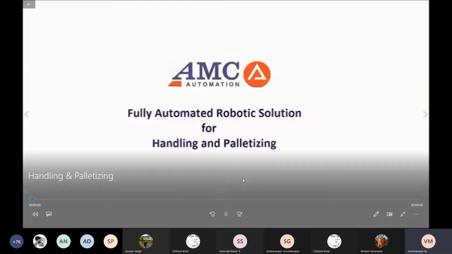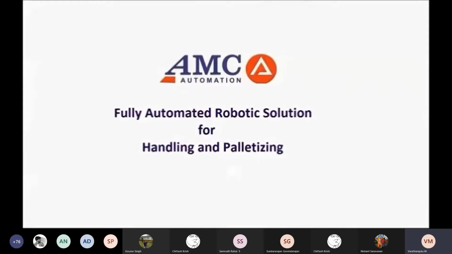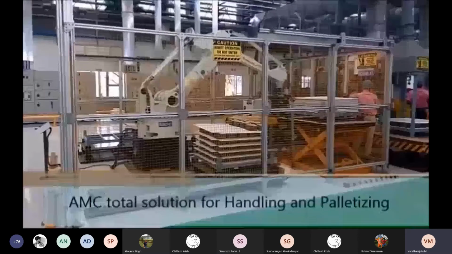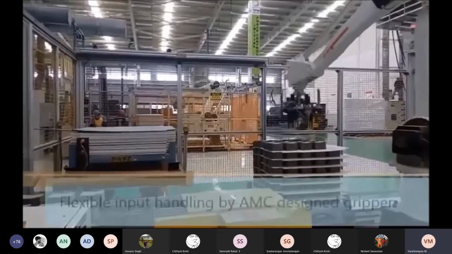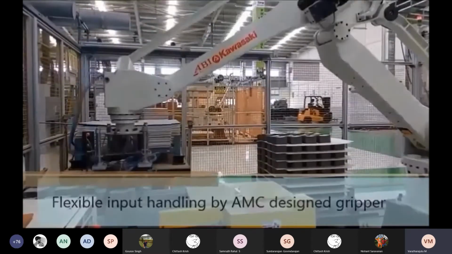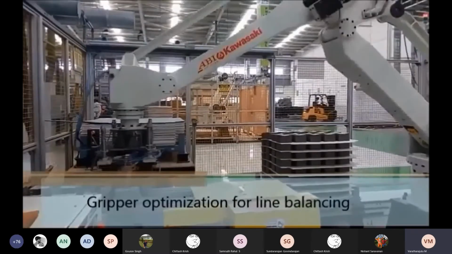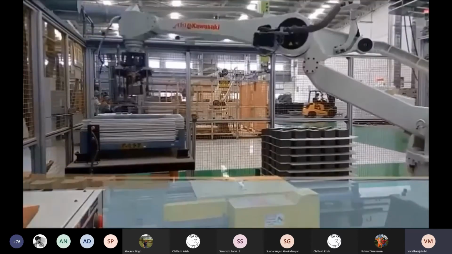That is what the bionic soft hand does, and a fully automatic robotic solution for palletizing, replacing manual palletizing.